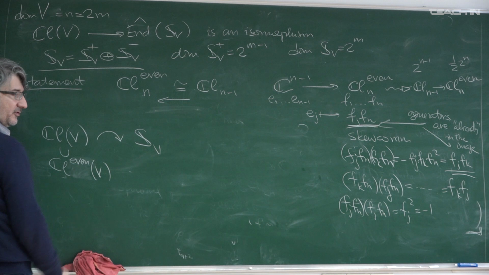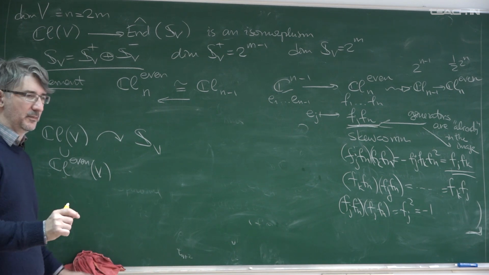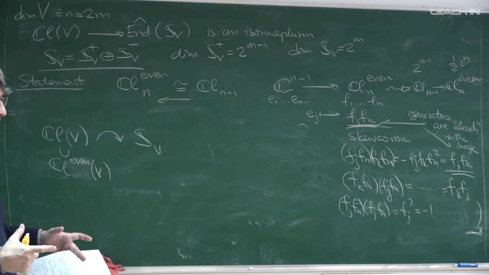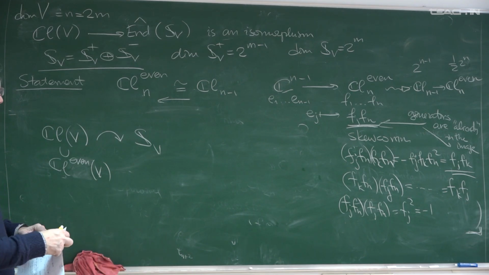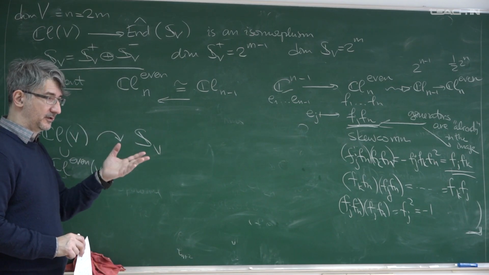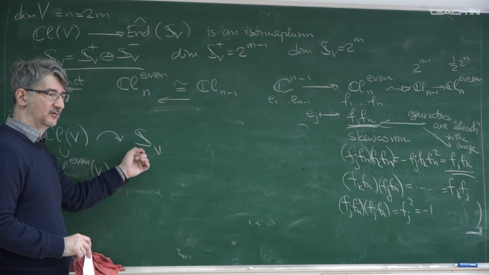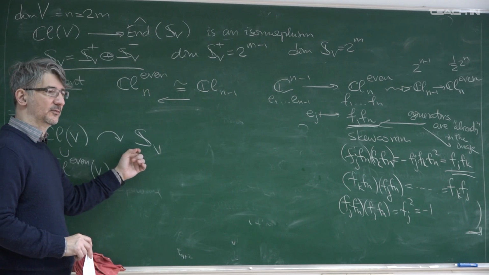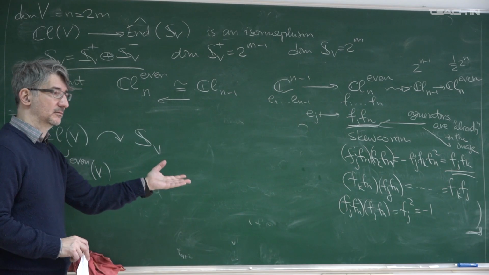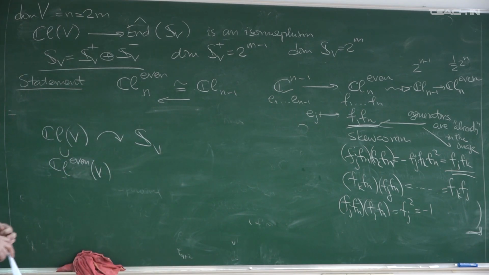This guy still acts here. But you can imagine if you make the algebra smaller, so the collection of operators becomes smaller, then it's possible, it's not guaranteed, but it's possible that now inside this space you will obtain invariant subspaces. And this representation becomes reducible. What do you think about that?